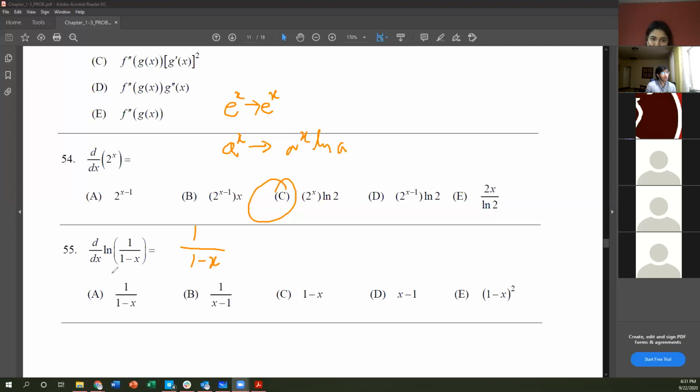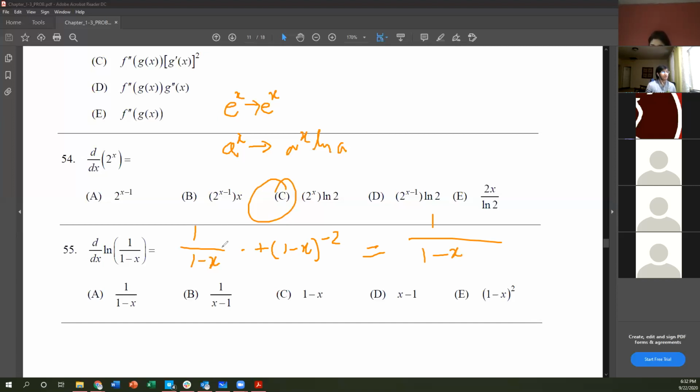But then here's the problem. You need to do the chain rule, right? What's the derivative of the inside function? The derivative of the inside function is negative 1 minus x to the negative 2 power, but then the derivative of that inside function is negative 1, so that becomes a positive. So we get 1 over 1 minus x.